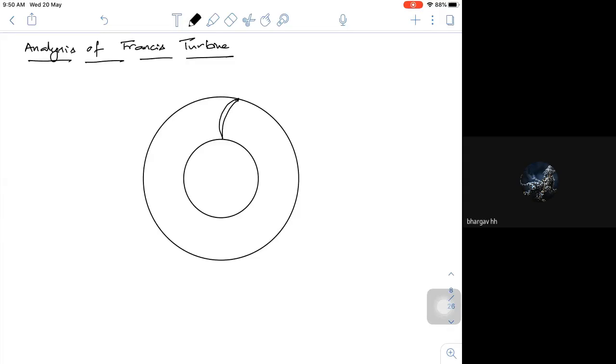The fluid enters from outside, so it will be entering like this. This will be my velocity. The angle at which the fluid enters will be your beta 2, whatever it may be. Then I have the velocity with which your fluid will be entering, that is your inlet velocity.